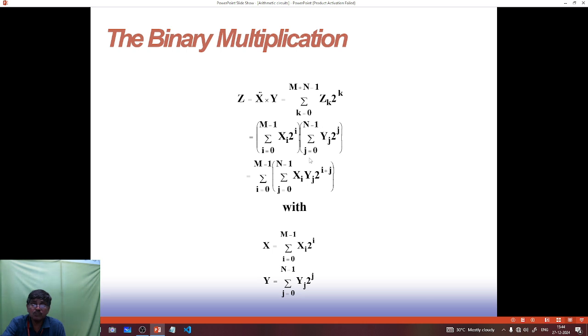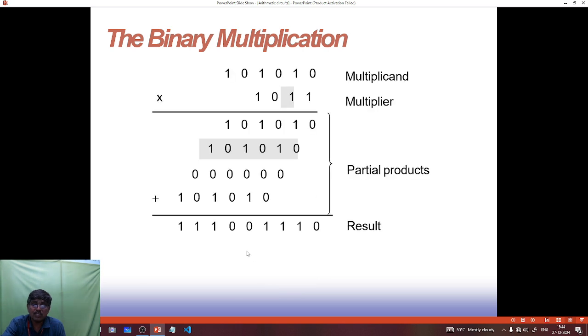Here I have taken the summation outside: the summation over i from 0 to M minus 1 and j from 0 to N minus 1 of Xi into Yj with 2 power i plus j. So this is the concept.